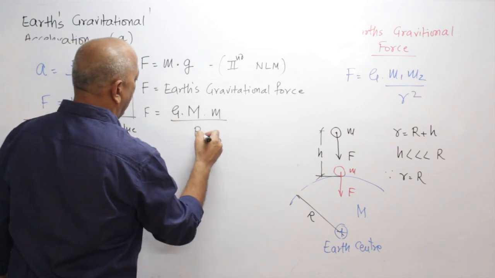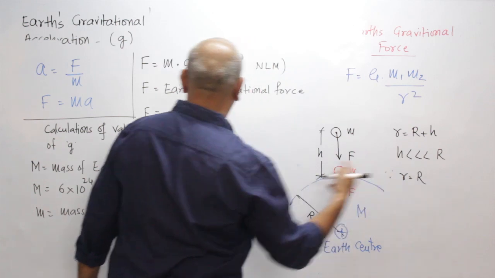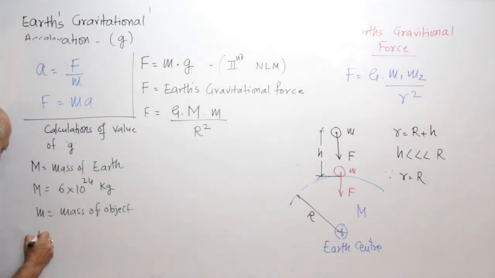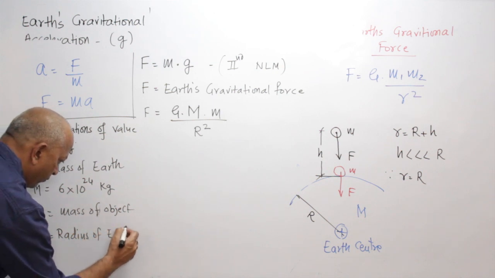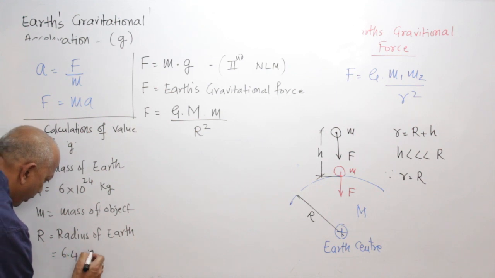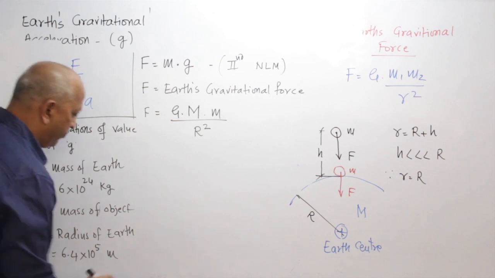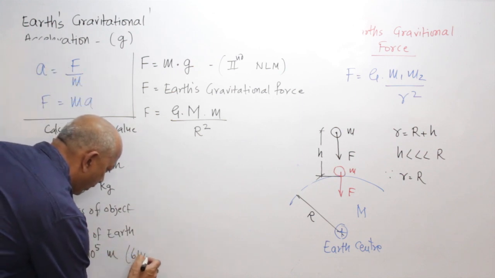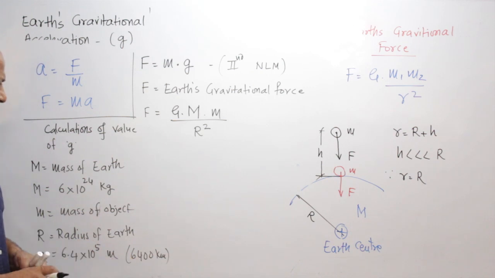F is equal to GMm upon R square. This h we are neglecting, so R is equal to R. And what is R? R is equal to radius of Earth, and that is equal to 6.4 into 10 raised to 6 meters. It is actually 6,400 kilometers. Roughly, it is a little lesser than that.